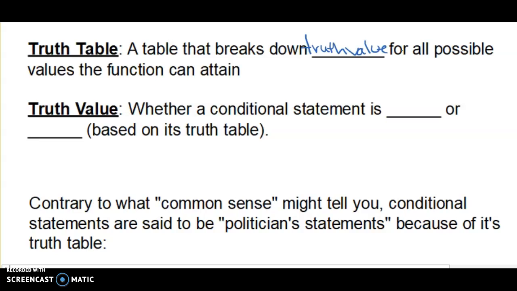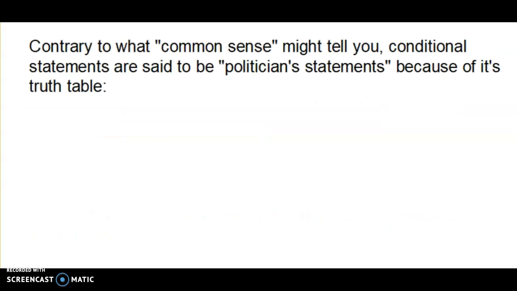That means it tells whether or not the statement is true or false, regardless of whether the hypothesis is true or false, or whether the conclusion is true or false. So truth value is whether the conditional statement is true or false. And we would find its truth value by drawing a truth table. All right, so let's draw our first truth table.